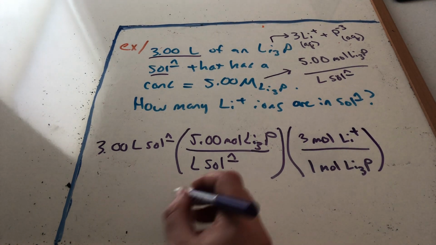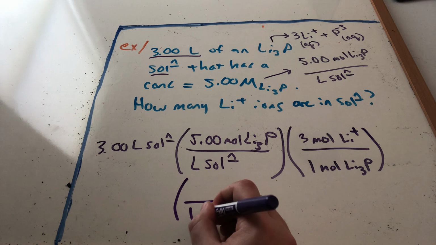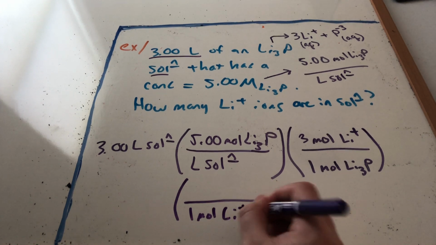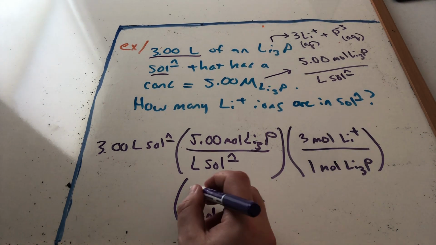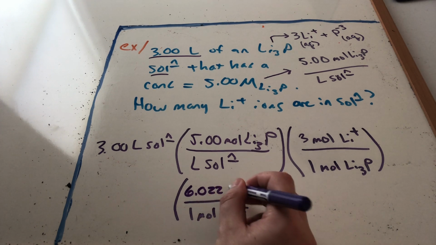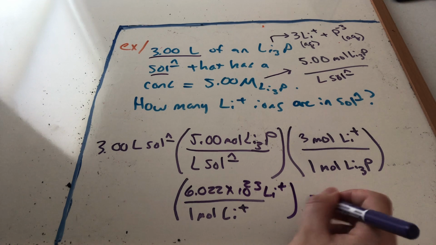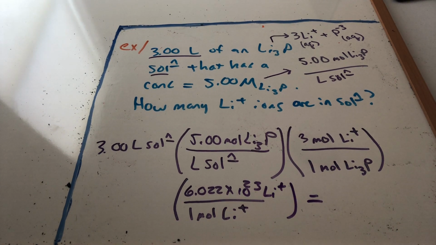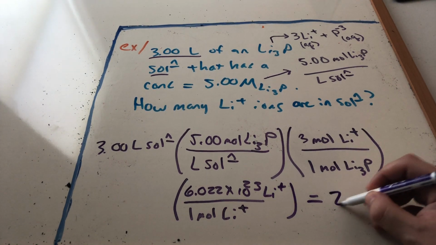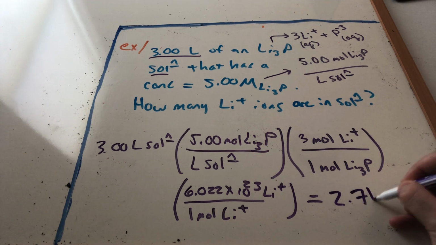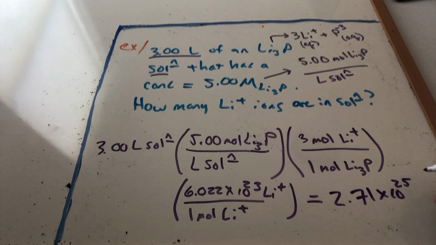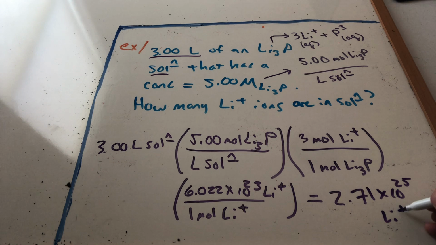And then I can use Avogadro's number. For every 1 mole of Li plus, how many Li plus ions are there? 6.022 times 10 to the 23rd Li plus. I use Avogadro's number, and my final answer to the correct number of significant figures is 2.71 times 10 to the 25 Li plus ions.